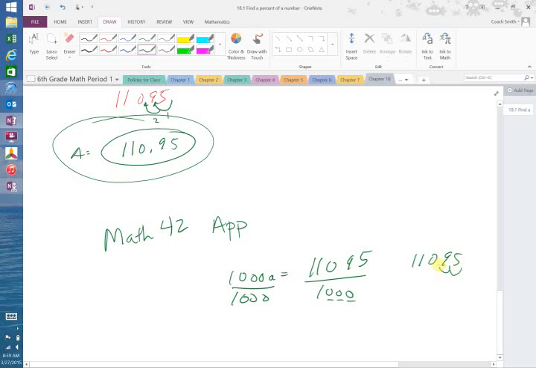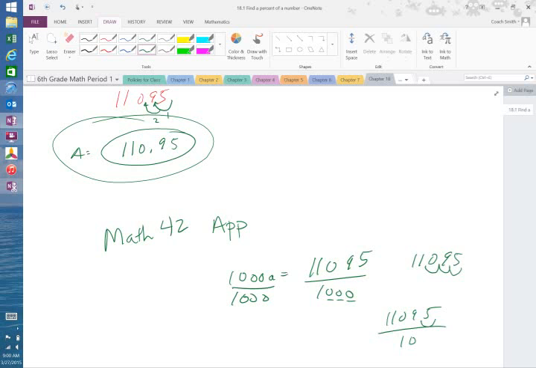It would move once, twice, three times if it was 1,000. If it was divided by 10, you just move it one time. So it's because of the zeros? Yeah. And it only works on 10, 100, 1,000, 10,000, millions. It doesn't work on anything else. If I had 200 there, you've got to divide it out. You can't just move the decimal. So that's why we're able to do that.